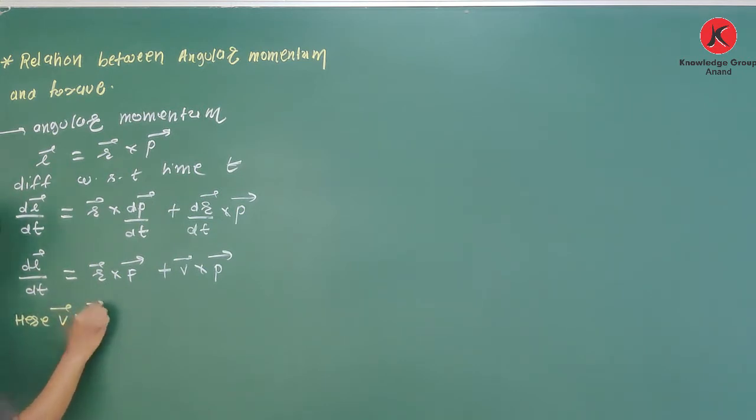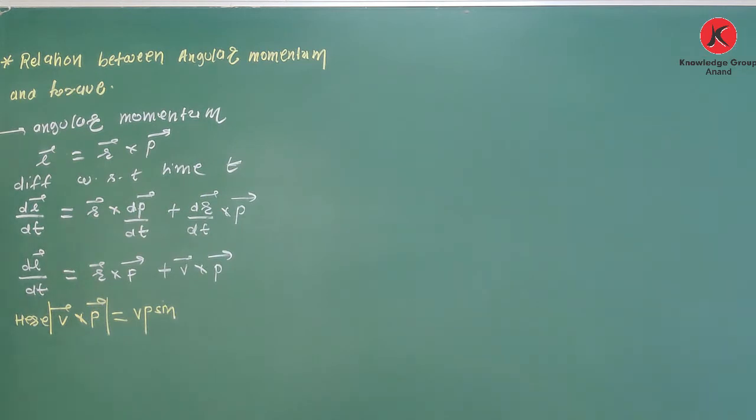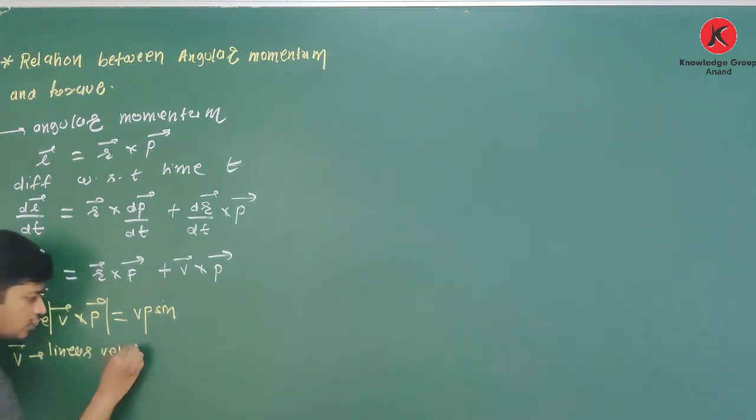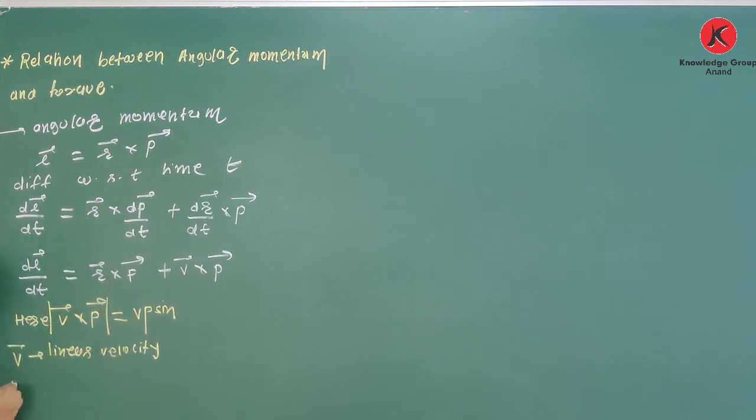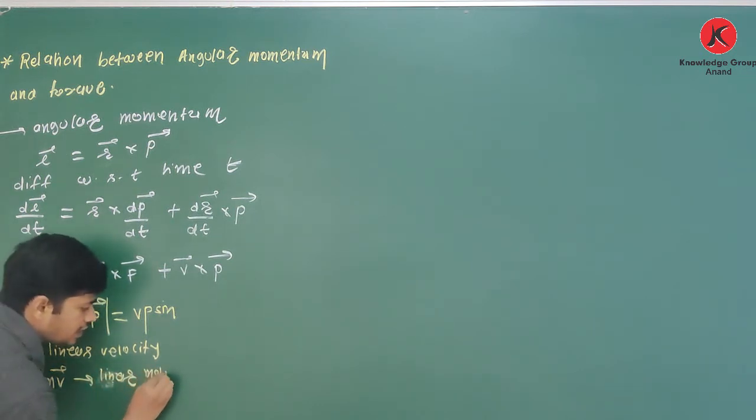v cross p, or if I want to write its magnitude, then it is vp sine theta. v means linear velocity, and p is equal to mv, that is linear momentum.